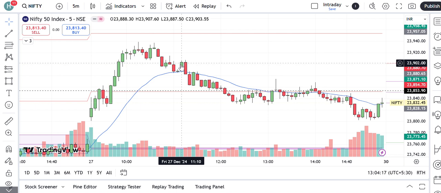But it did not happen because, like I told you for the previous day, unless there is a pivot below the 20 MA, this is low probability.